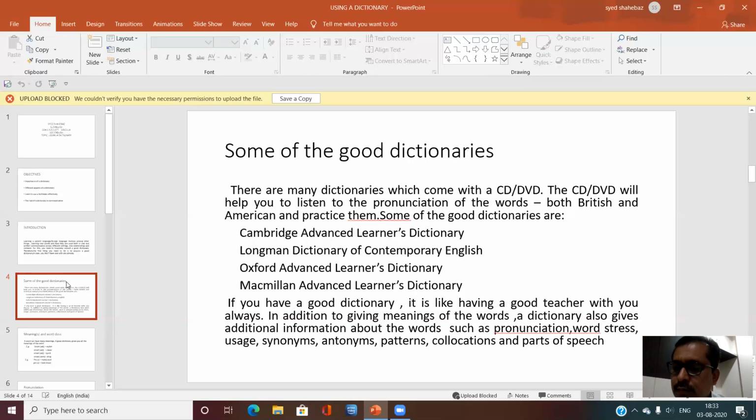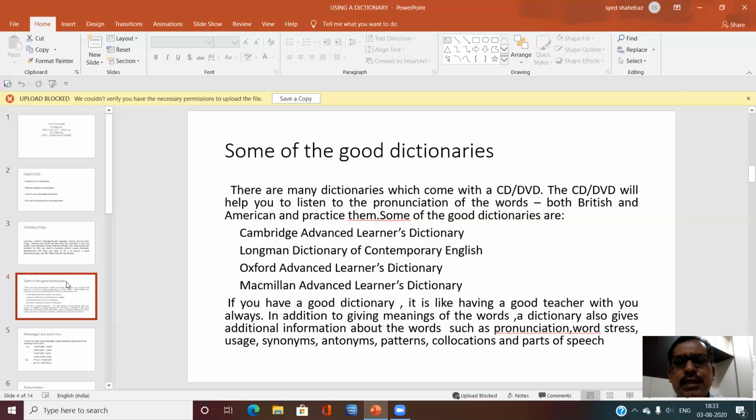If it is verb, what type, transitive verb or intransitive verb. If it is adjective, what type of adjective? Is it adjective of quantity or quality? Like that. So all these things you learn in the dictionary. I read the slide, just listen. You can get a complete idea.